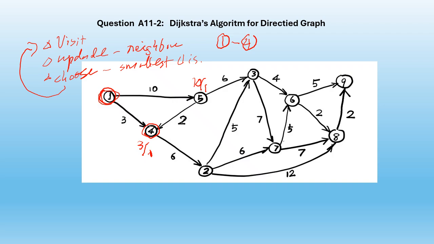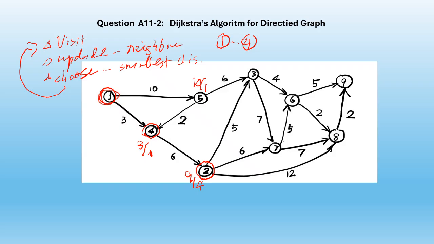So 3 plus 6, you will get 9, through 4. So update. Now you update it and then choose. You have a 10, you have a 9, and what do you do? Obviously it's 9.